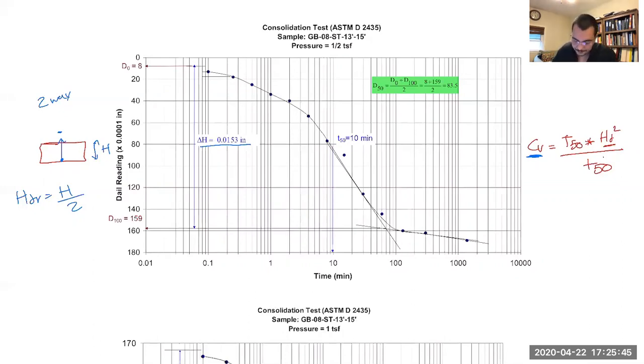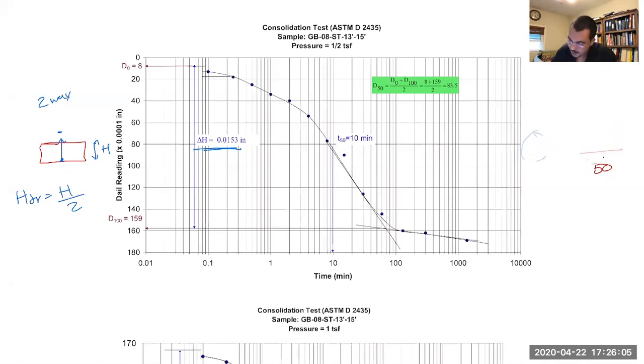So you have to be mindful that you have to take this delta H into account when you calculate Cv, because it's no longer the total H. We have a decrease in volume, or an increase in volume in unloading, and that has to be taken into account to calculate the Cv value.